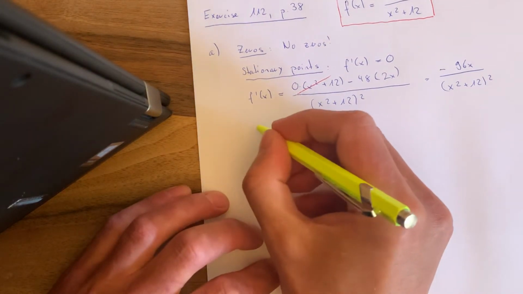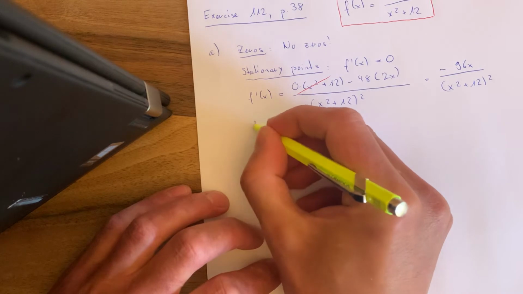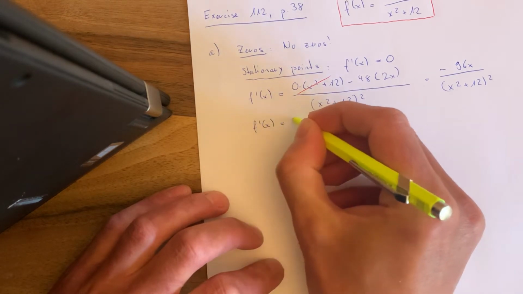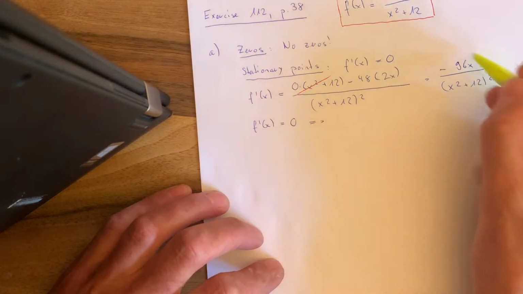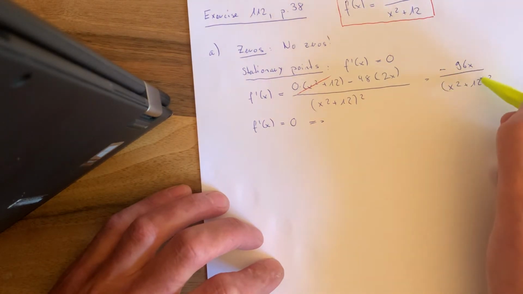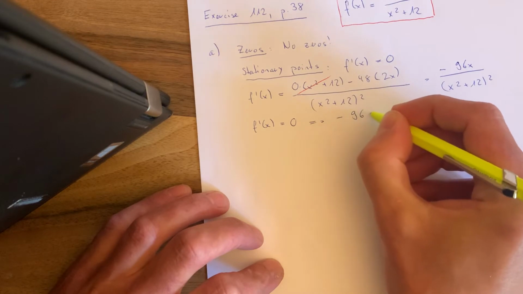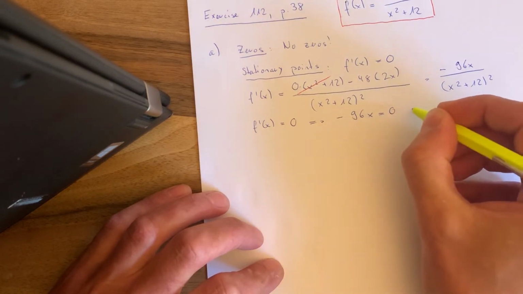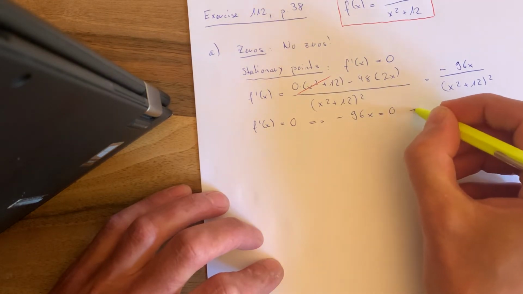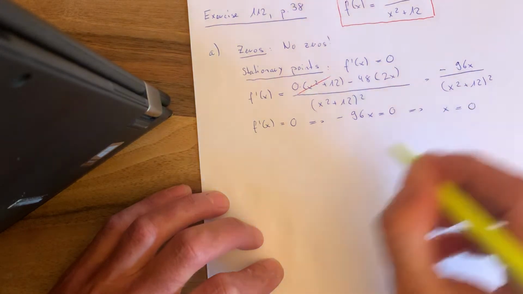Now, let us set that first derivative equal to 0, leading to, well, this thing here is 0, which means the upper part is 0, so minus 96 times x equals 0, which leads to x equals 0.